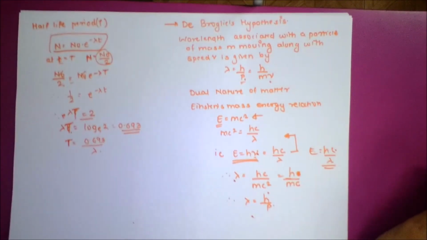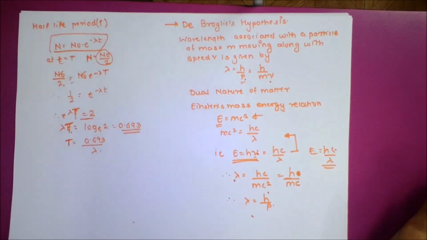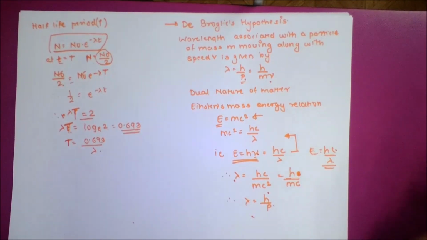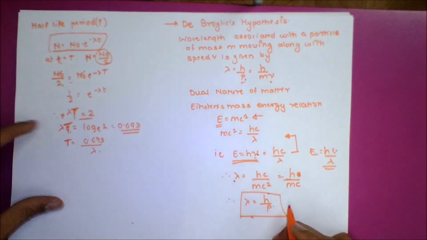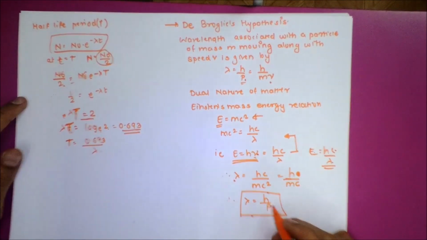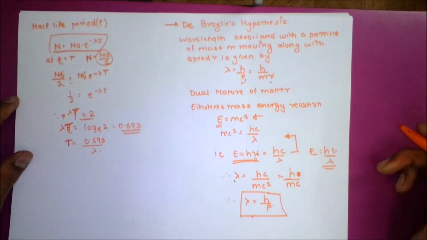The wavelength of moving microscopic objects is very small and cannot be measured, and we do not feel their existence. So basically the de Broglie hypothesis gives you the wavelength of a particle, which equals h upon p, where h is Planck's constant and p is the momentum.